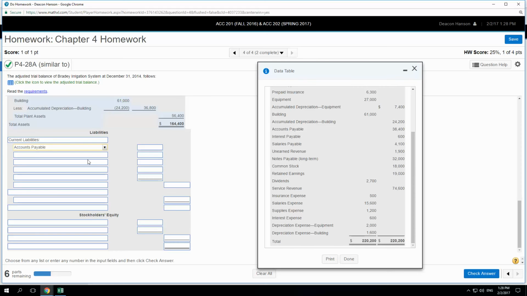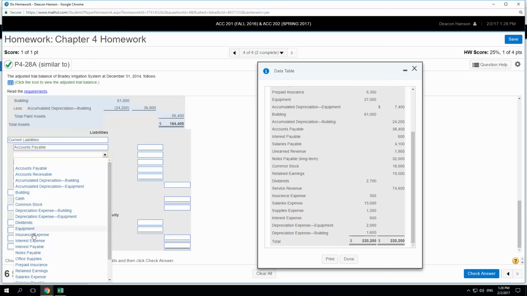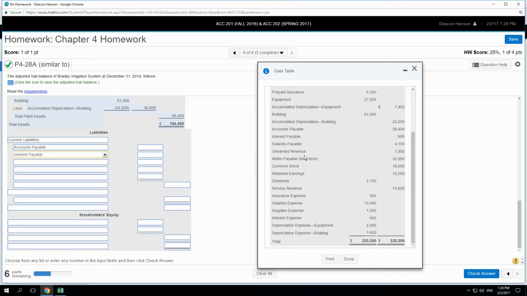Then I have interest payable. Did you not put the parentheses and it came out all right? We did put it in. You can't put it, because it has the word less in there. I believe it's automatically going to make it negative for you.